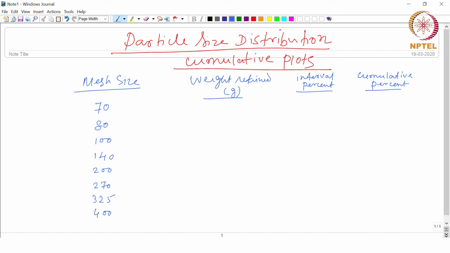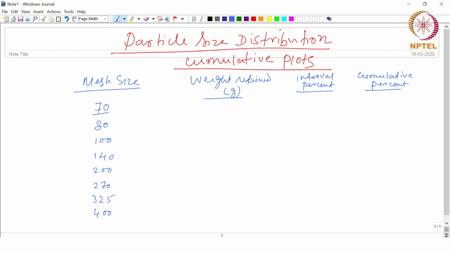Okay. And for each of these mesh sizes, how much powder is retained on each of them, we have already got that data from the sieving analysis.